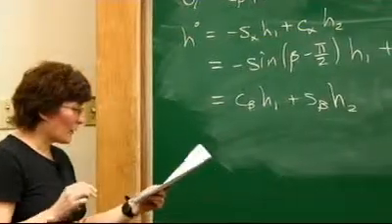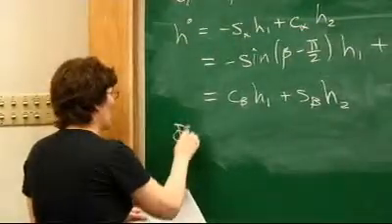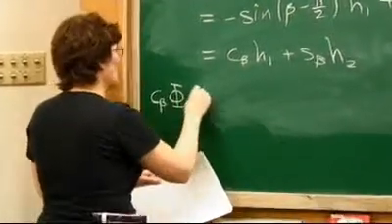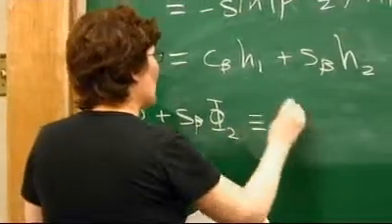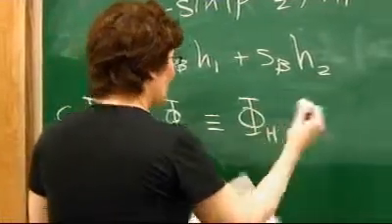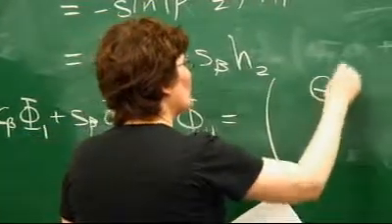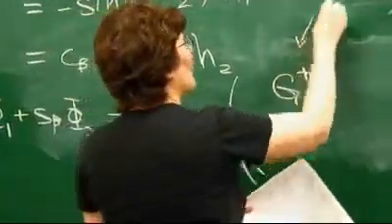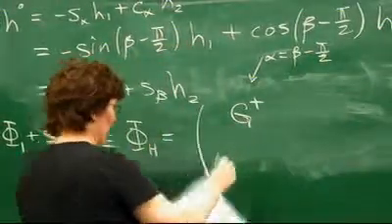So you can write a linear combination of phi 1 and phi 2: cos beta phi 1 plus sine beta phi 2. Let me call that phi h. I'll explain why in a second. This is going to have the Goldstone bosons in it. In this limit, it'll contain little h.